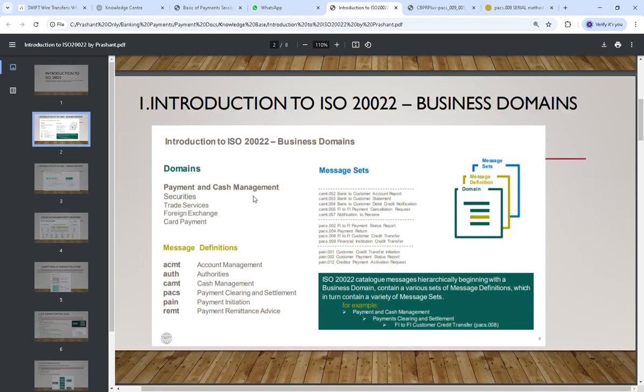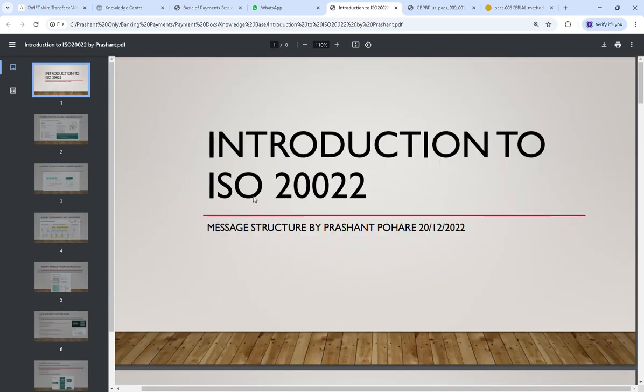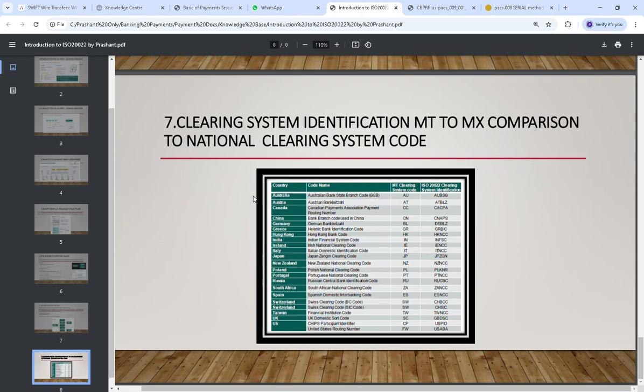So we have discussed the very basics of ISO 20022. This is just a basic session. How comfortable and confident are you now? Let me know first, then we can move ahead. Are you good now?